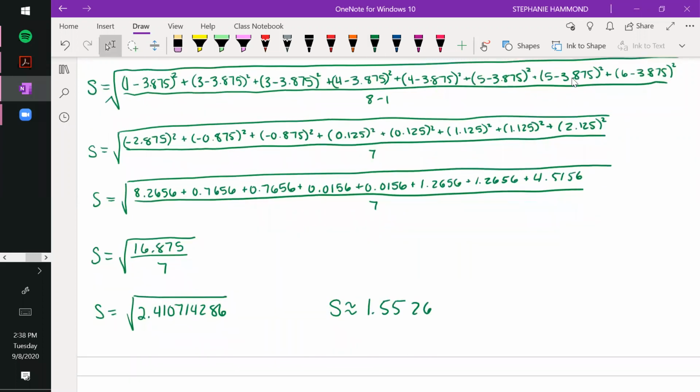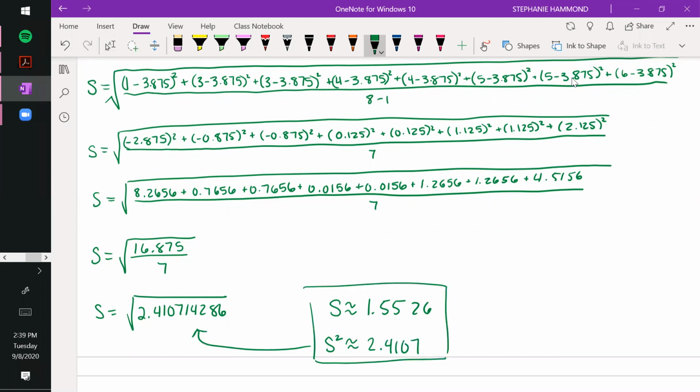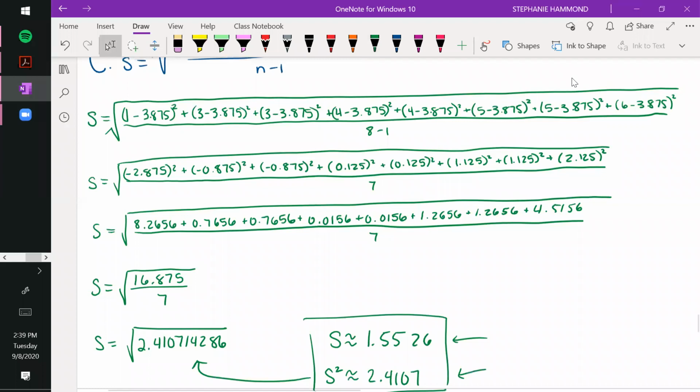And I can see my sample variance before I square rooted it was about 2.4107. So there's my two calculations, my two statistics they ask for in part C. So that's obviously a really long process. So I'd like to show you how to do this on your calculator.